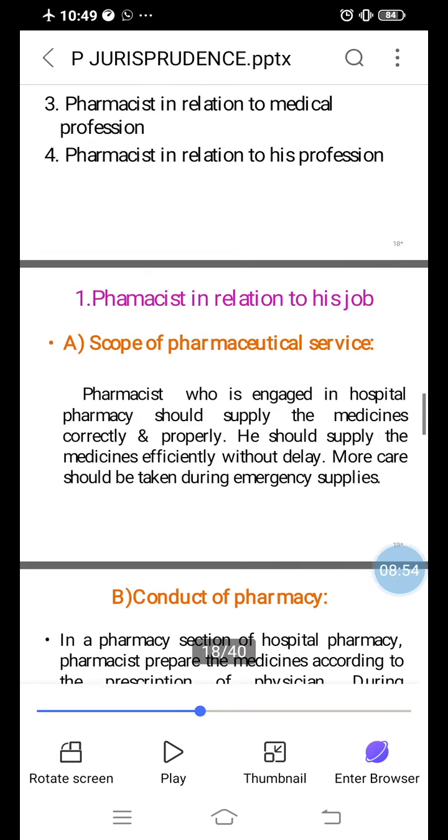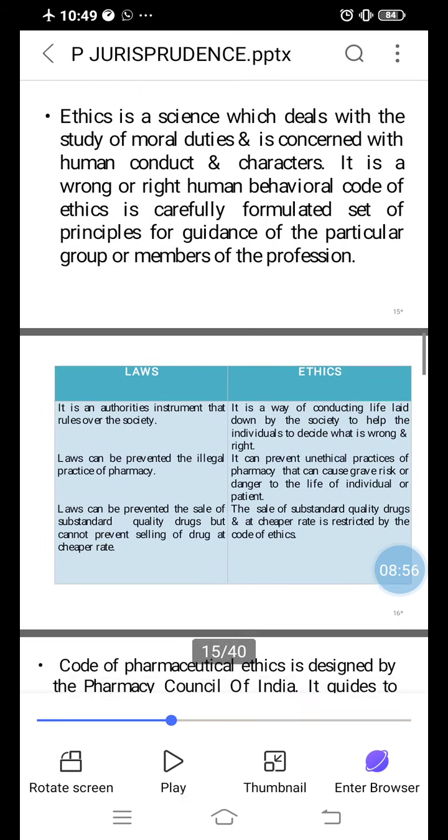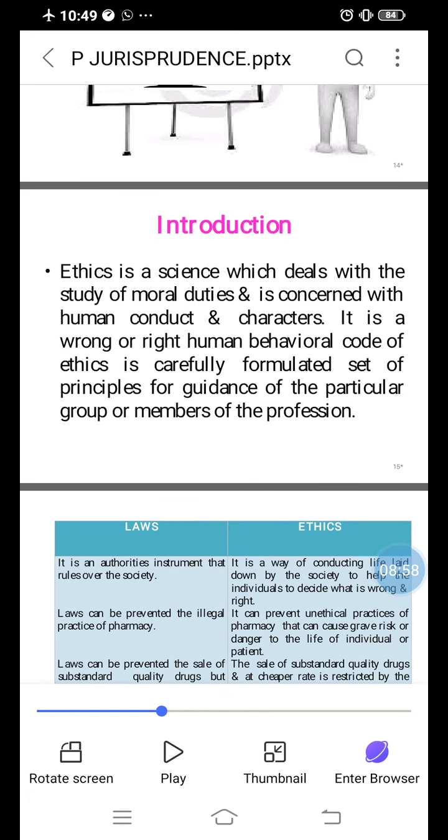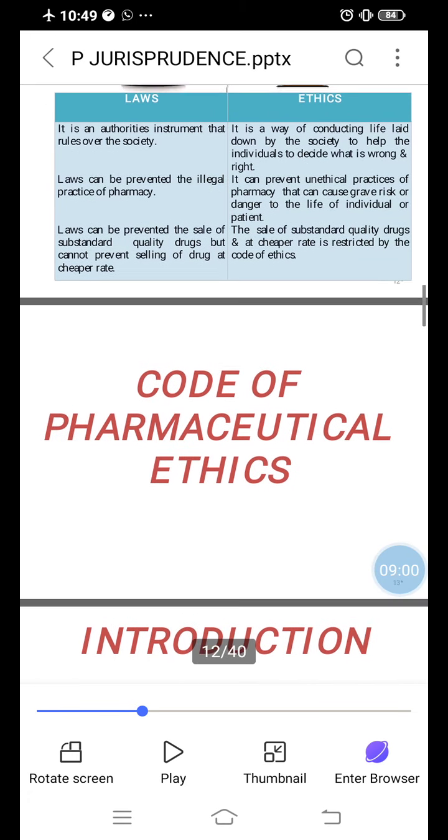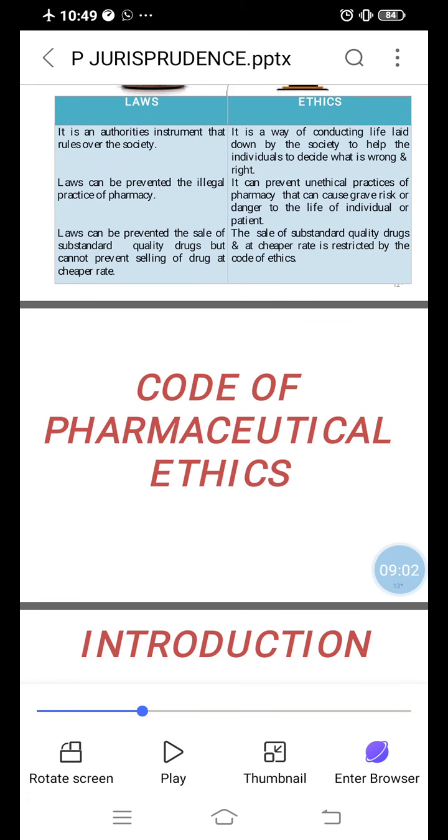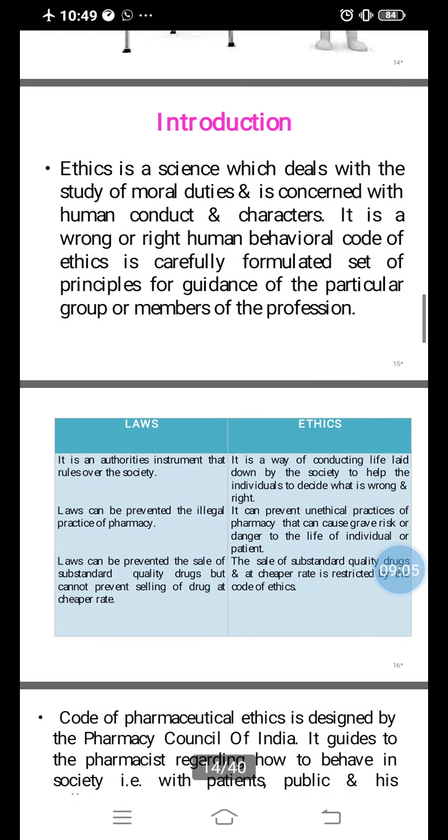Now today we will discuss the difference between law and ethics, and the introduction of the Code of Pharmaceutical Ethics. In the introduction, ethics is the science which deals with the study of moral duties, and it is concerned with human conduct and character. It is about wrong and right human behavior.